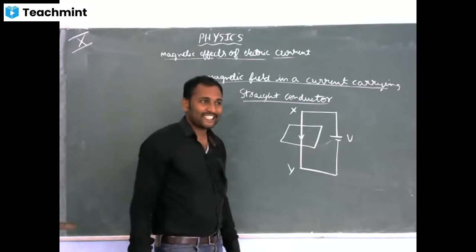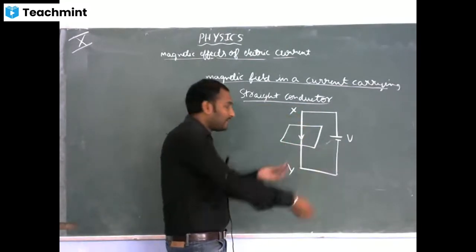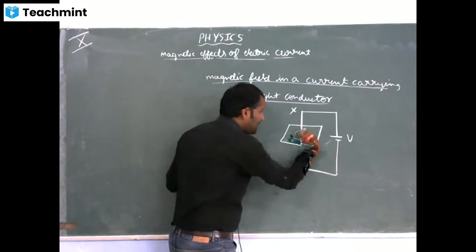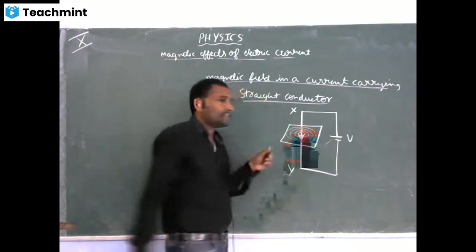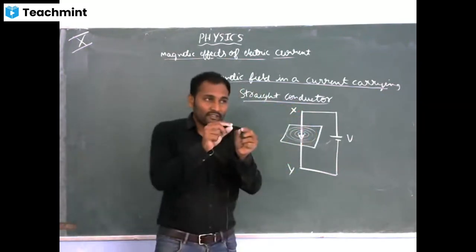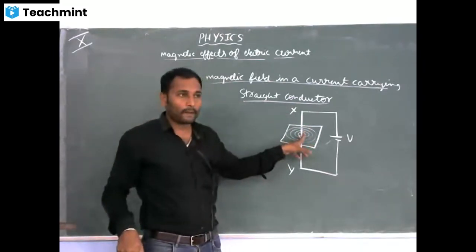So what I will do next? I will start pouring iron filings on this. Okay. So after pouring iron filings on this, those iron filings will start aligning themselves in concentric circles. Clear?